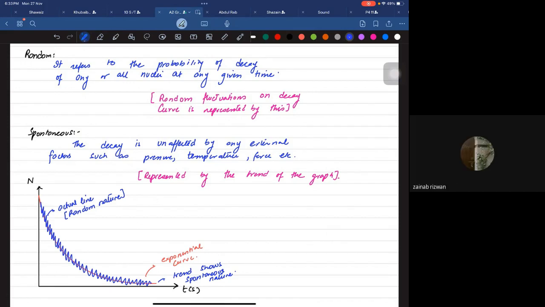Sir, what did you write in pink? Represented by trend of the graph. Okay, thank you. Okay.